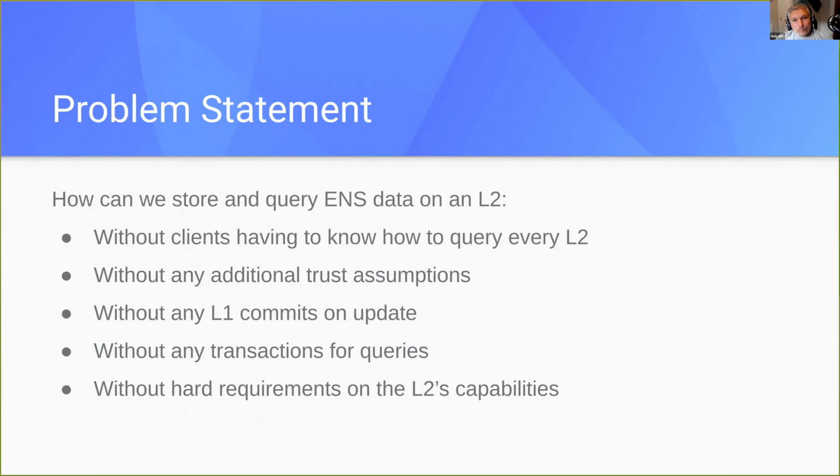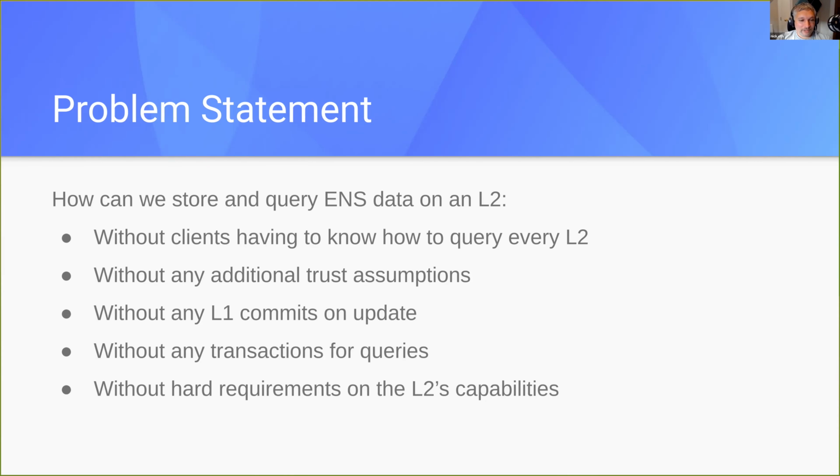So with ENS, one of our primary goals at the moment is to move as much stuff to L2s and off L1 as possible in order to optimize gas efficiency and reduce costs for users. And in doing that, we have some fairly unique requirements that are different from your average DeFi or token application, in that most of ENS is concerned with read activity, with people resolving names and so forth.